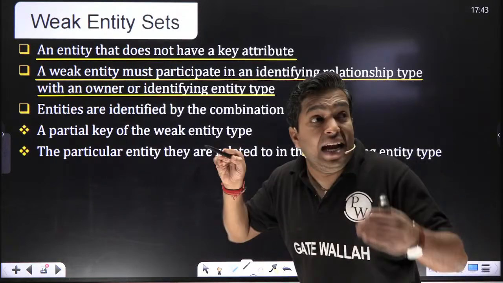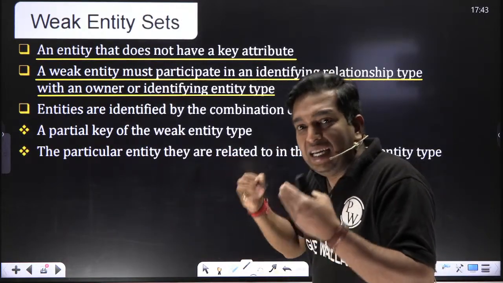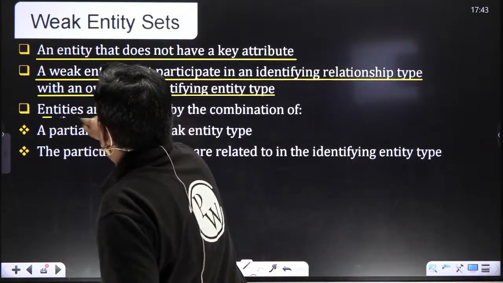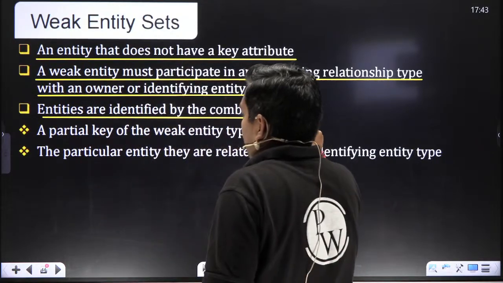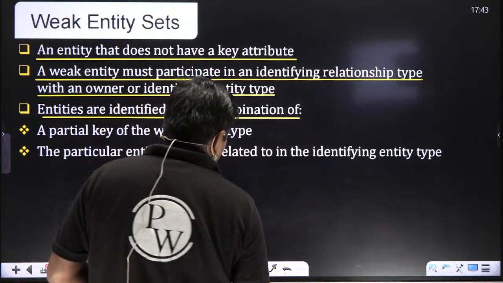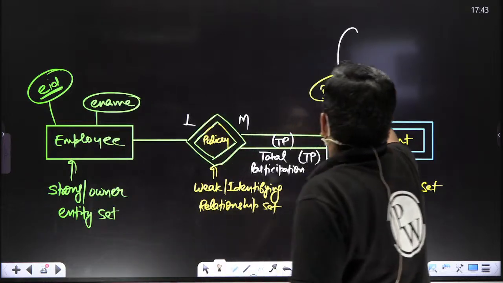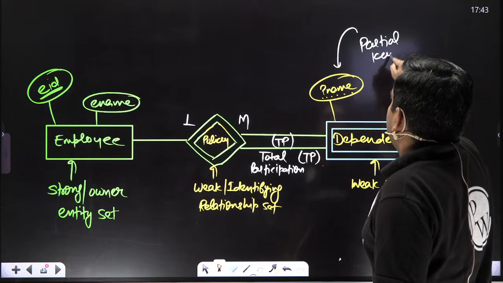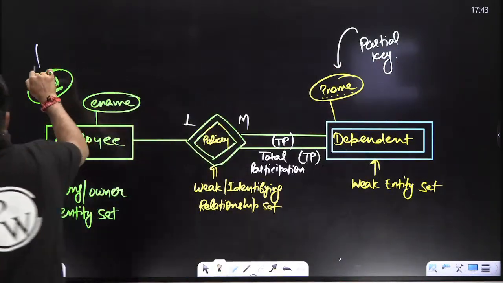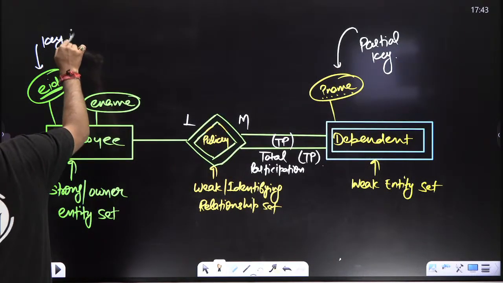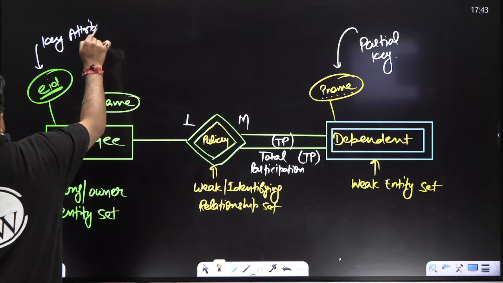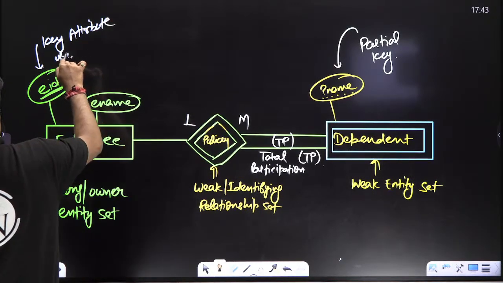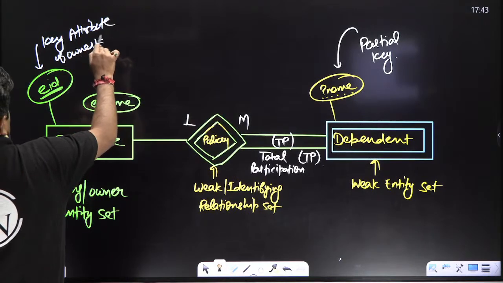Or the entities in this entity set can be identified by a combination of what I told, the partial key, and the key attribute of the owner or strong entities.